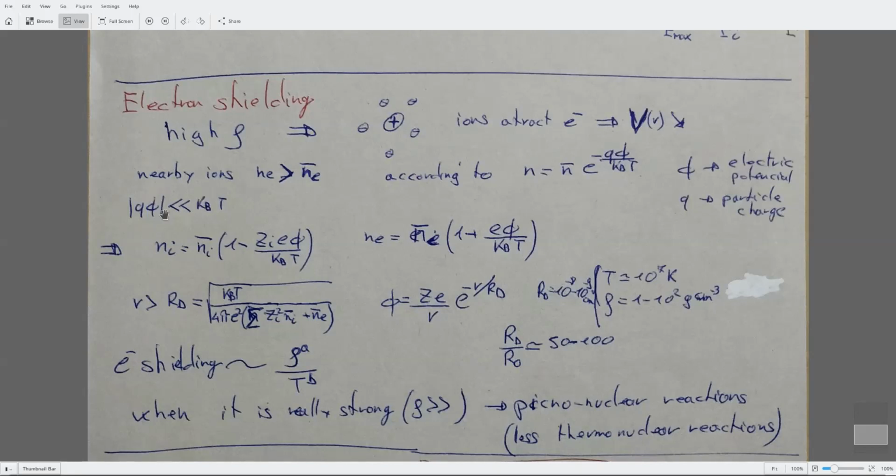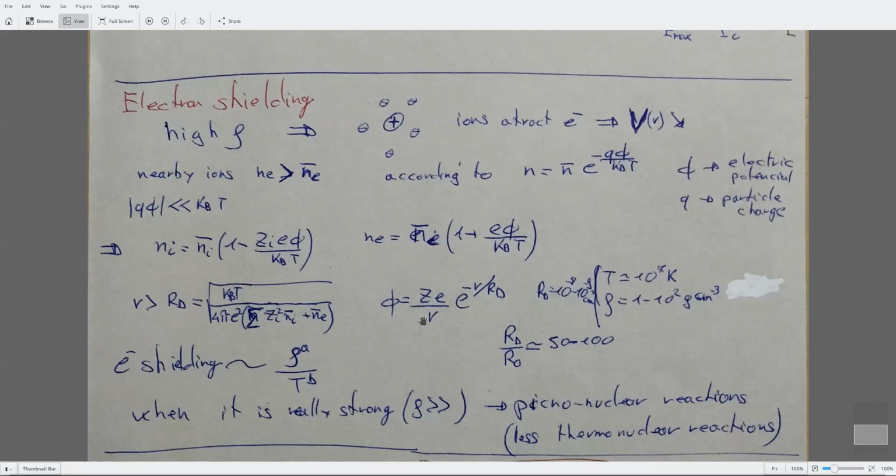Usually this potential is quite a bit smaller than the thermal energy, so you can approximate the calculation this way. We can see that for a radius higher than the Debye radius, characteristic of plasma, the potential has this size.